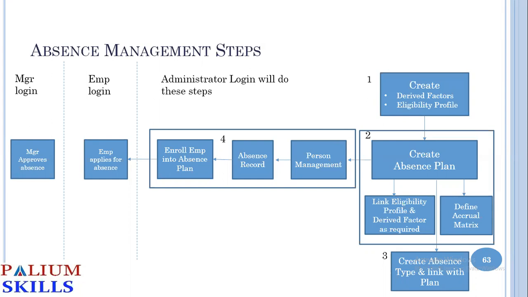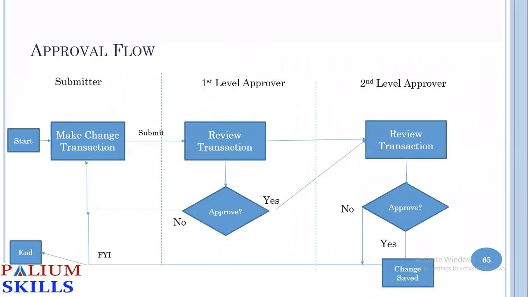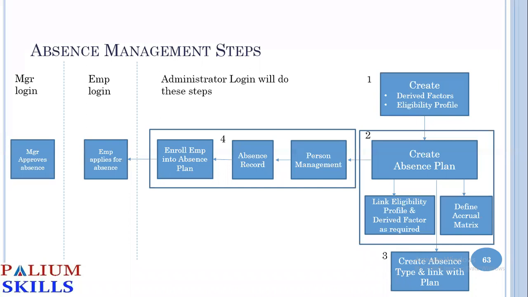Step 1 is creating what we call a derived factor or an eligibility profile. What is a derived factor? A derived factor means something which is not directly there in the system, but which you are calculating. For example, let's say years of service. Years of service as a figure is not stored in the system anywhere.